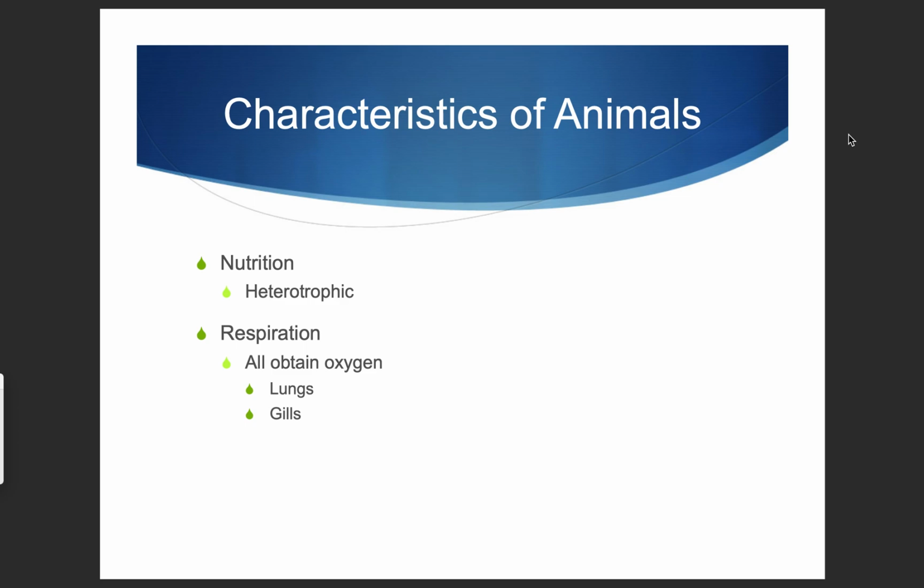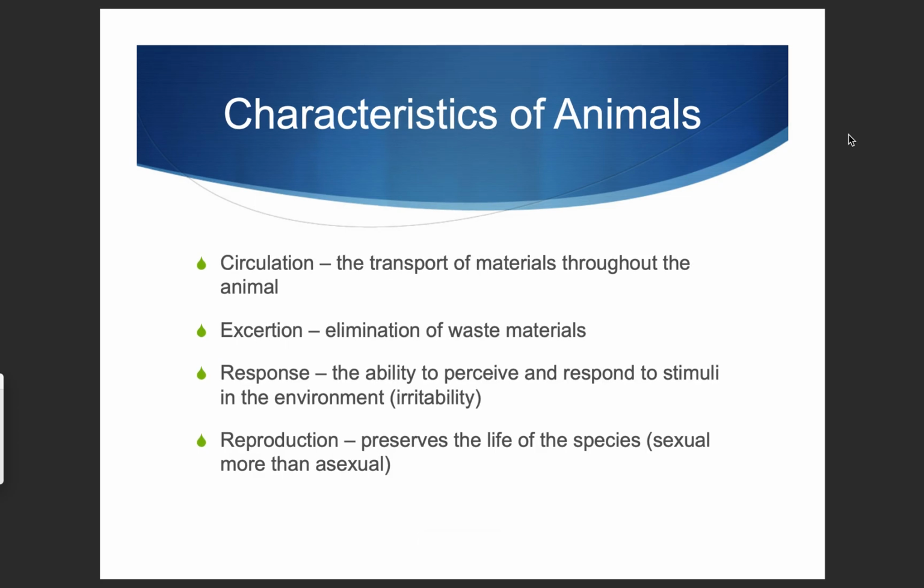But all animals need oxygen. Animals exhibit circulation. They transport materials throughout their body. For example, we circulate oxygen and carbon dioxide through our blood circulatory system, which we'll learn about in our next section of learning after we're done with our chapter tests.